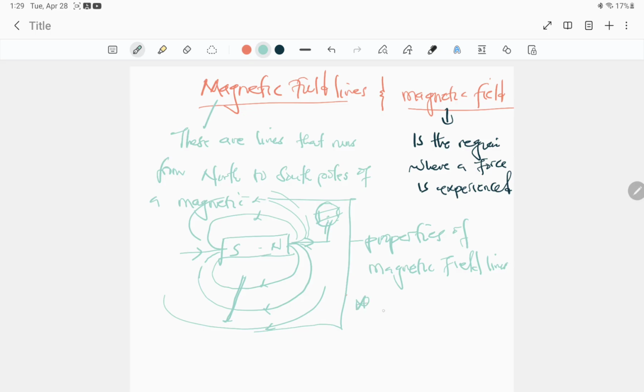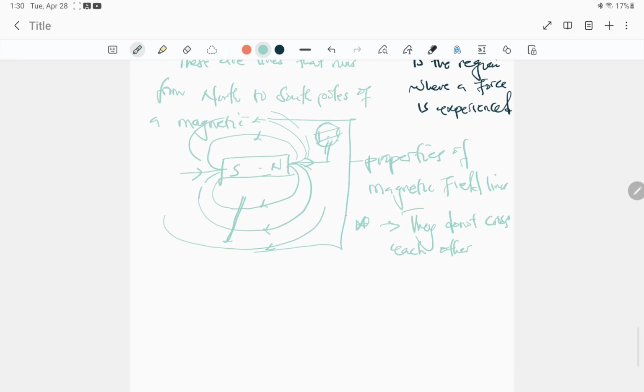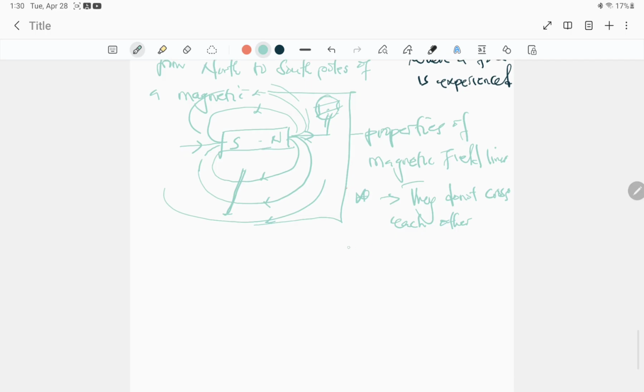Number one, these magnetic field lines do not cross each other. Then the other one is they run from north to south.